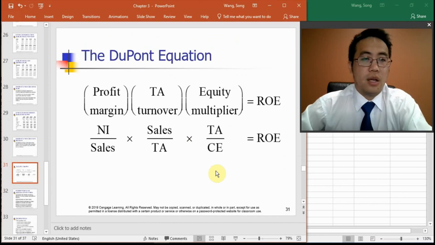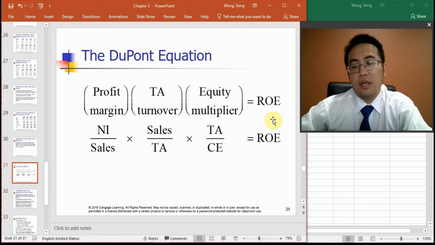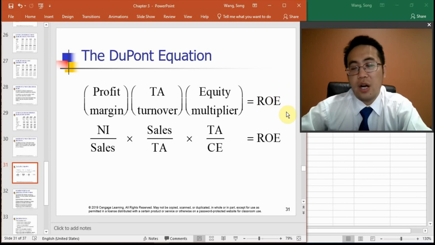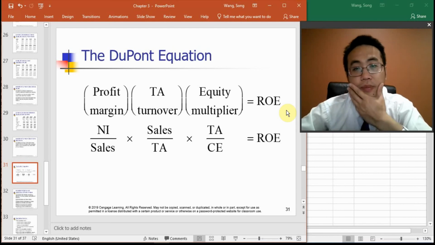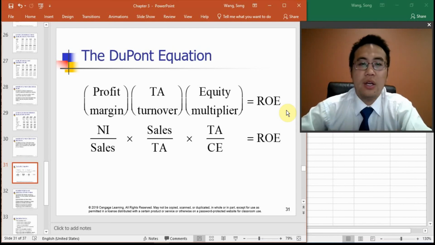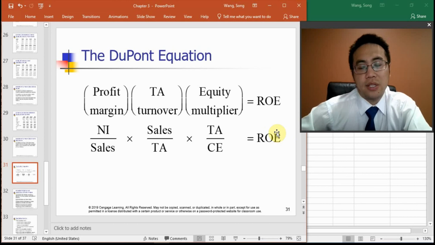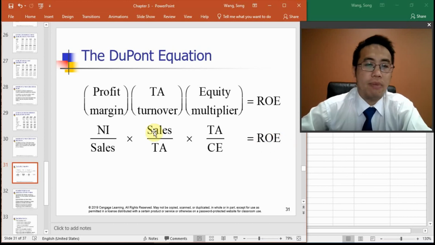The next one is called the Du-Pont equation. As I mentioned earlier, ROE, return on equity, is net income divided by total common equity. As a stock investor, you care about ROE the most, because net income is the earning to the stock investors, and your investment is in the common equity, which is the denominator of the ROE. And the Du-Pont equation further divides the ROE into 3 components.